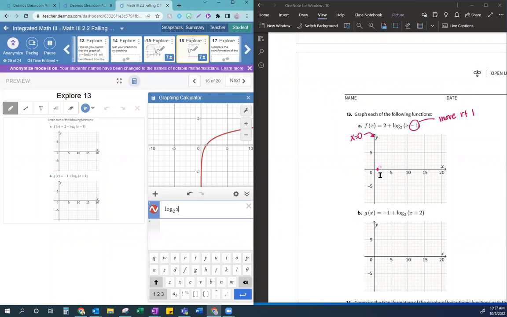See how I shifted just that point? Now, some people think, Ms. Johnson, when you shift a function, don't you have to shift the whole thing? Or what I like to do is I just like to think about one point moving and then graphing it all together like that. Does that make sense? If I know how to move one point, I know how to move the whole function.